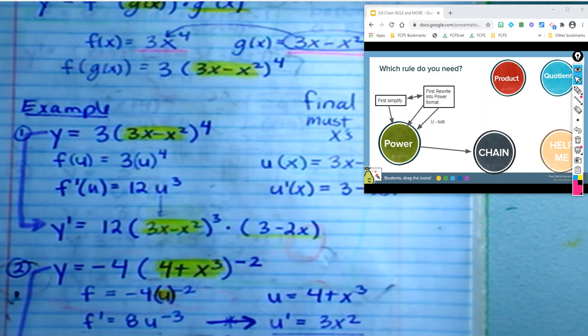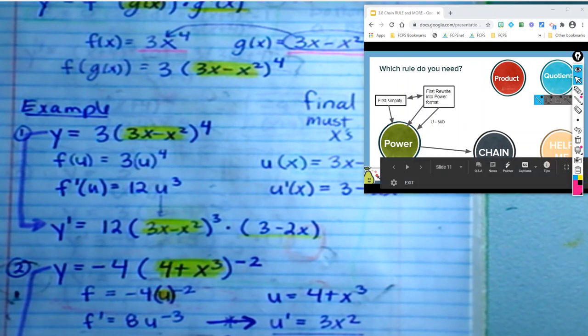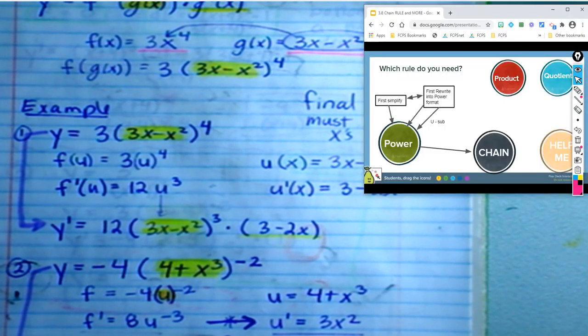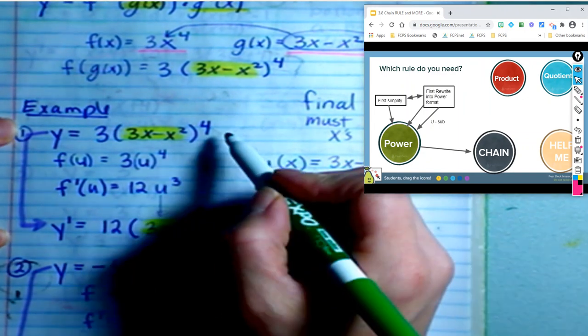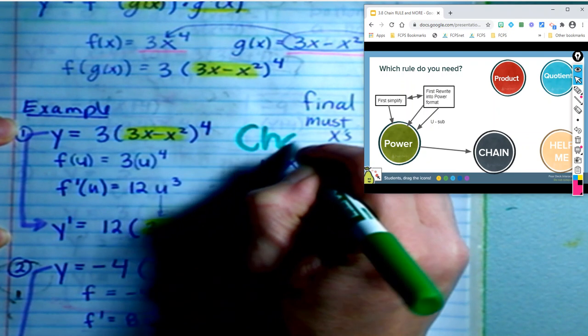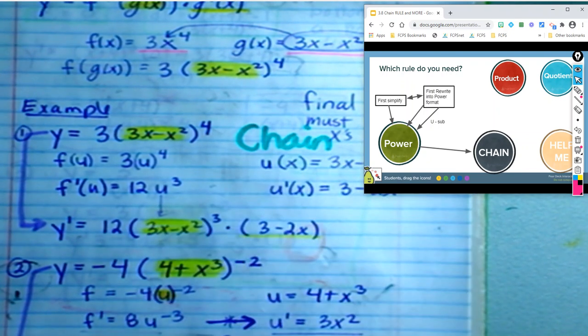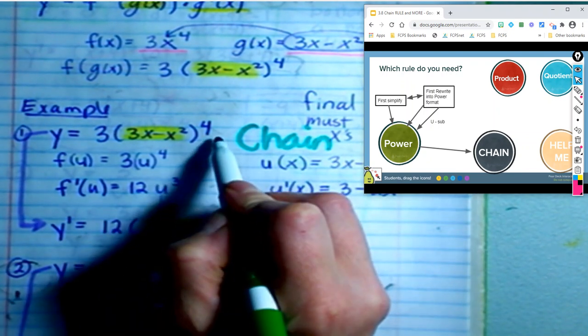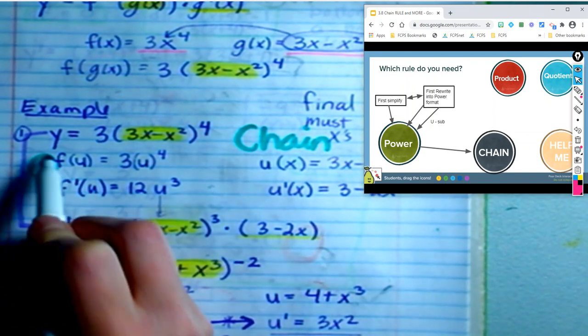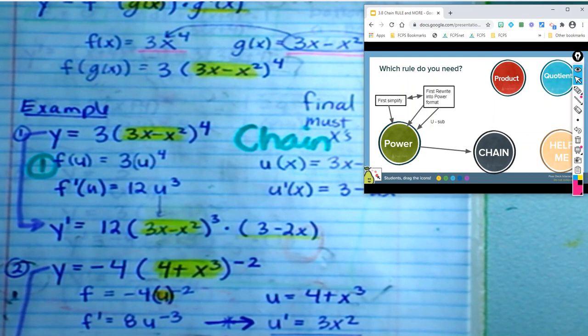So here we're going to look at the flow chart up here on the top right and how I decide what rules I'm using. Okay, and here first I am doing chain rule. That is what I'm doing first, because this is the first, the U sub, that's the first thing that happens.